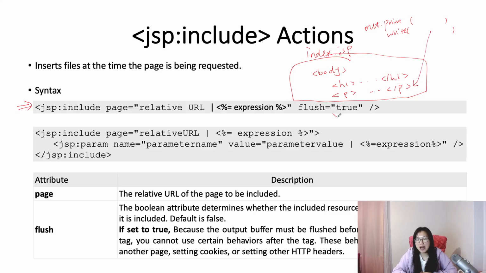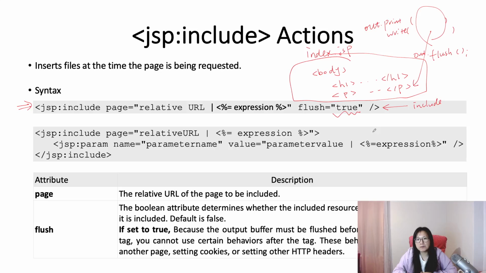So if we write true, it means out.flush here, which means all the content in the buffer will be flushed to the browser. Then it will execute the include. That is what true means.